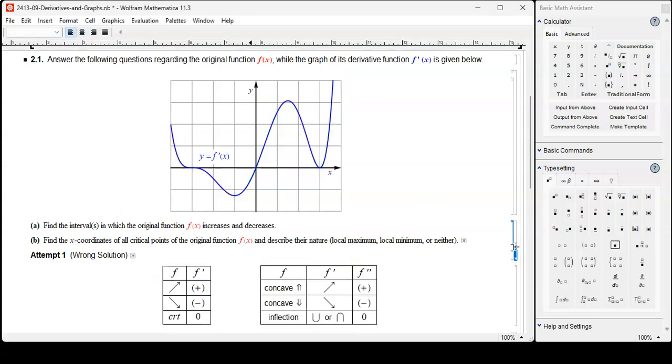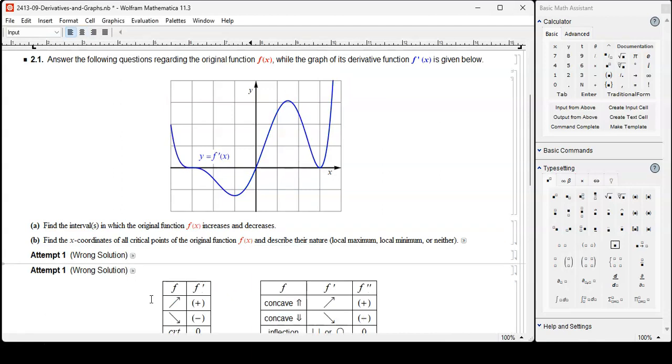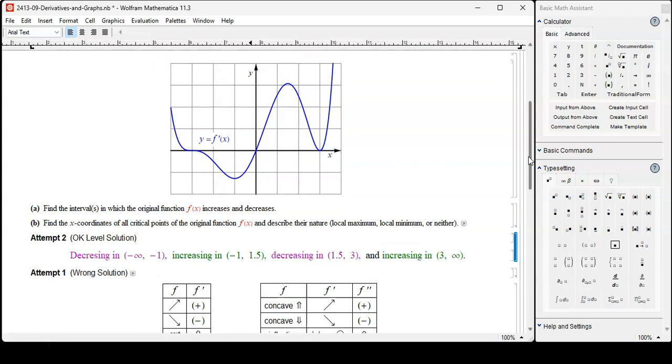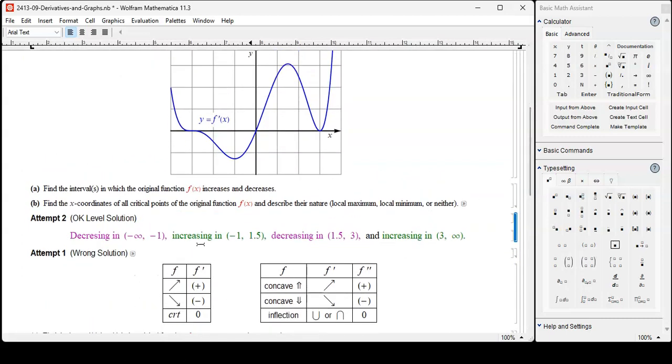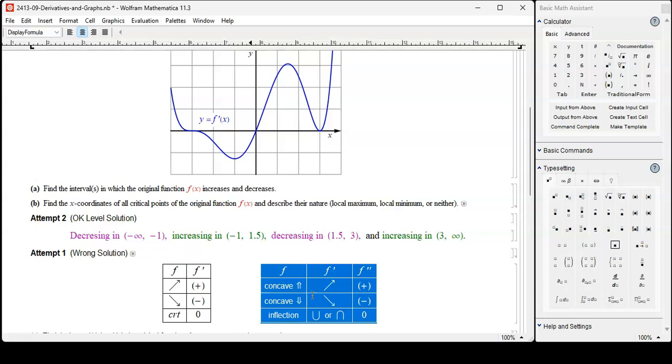How do you get it right? Okay, here is attempt 2. No, let's put attempt 2 here. Correct solution, I'll say OK level. OK level solution. Let's look at this down here. I'm not interested in the concavity, so let's postpone that.